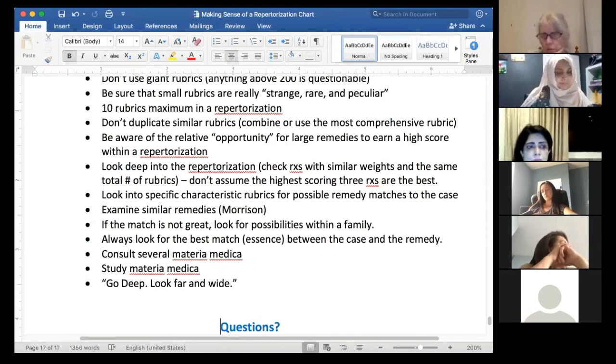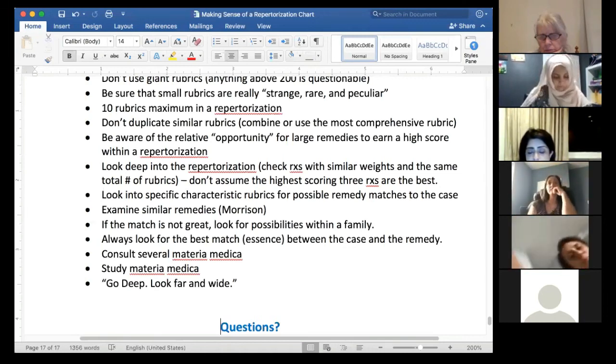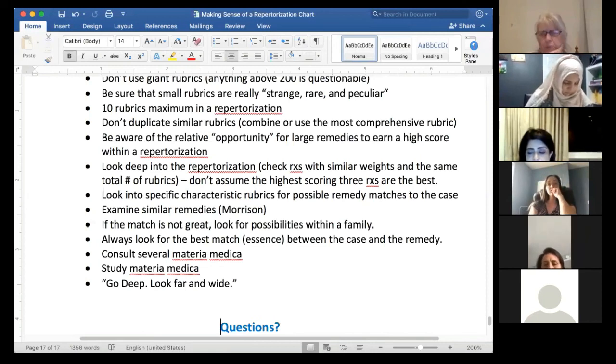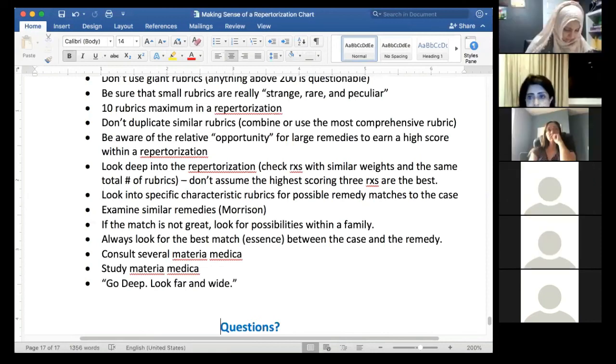When you look at your repertorization, those 4s pop out, and you want to look at them. And I don't think you're at any disadvantage using the book, by the way, because with the software you get so much data that you can plug in, and then you kind of water down your repertorization.